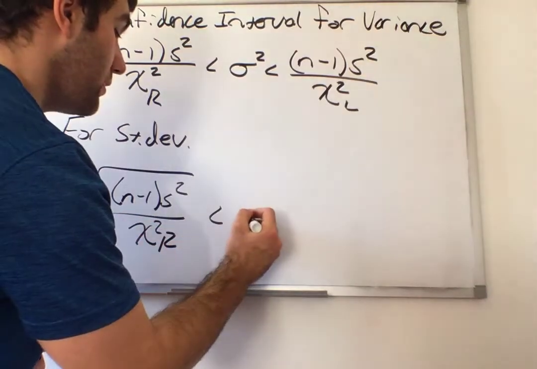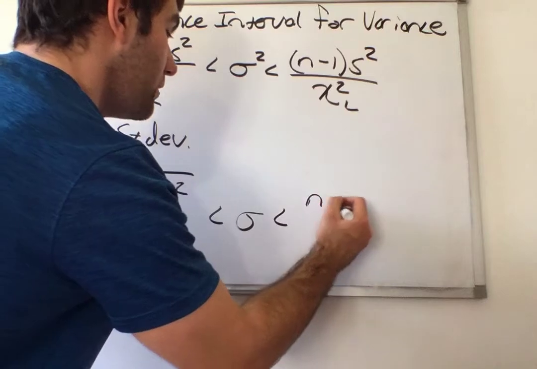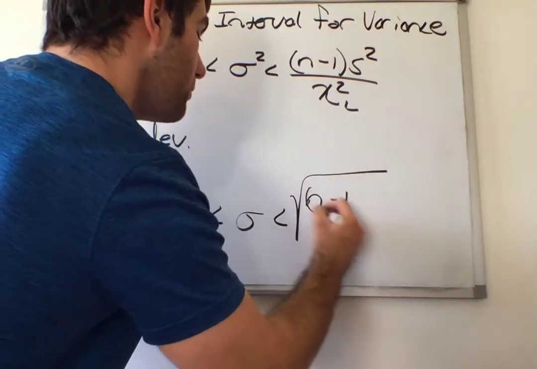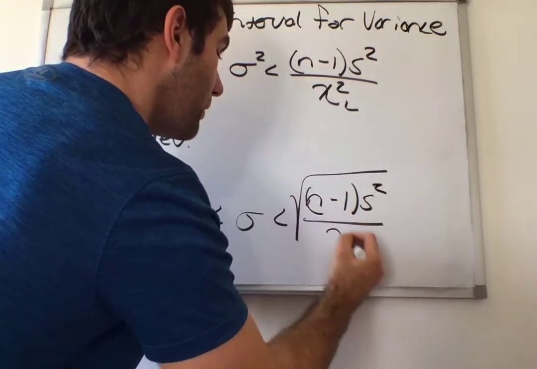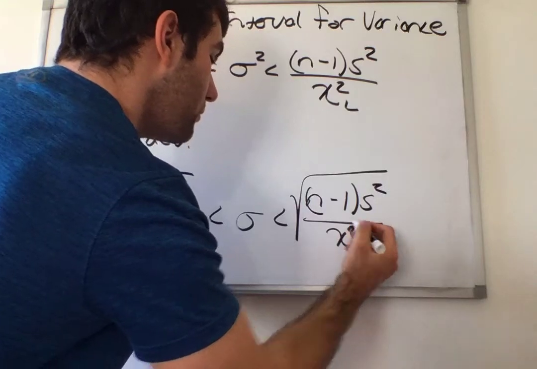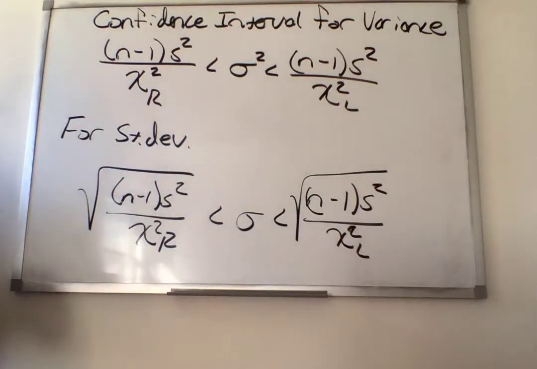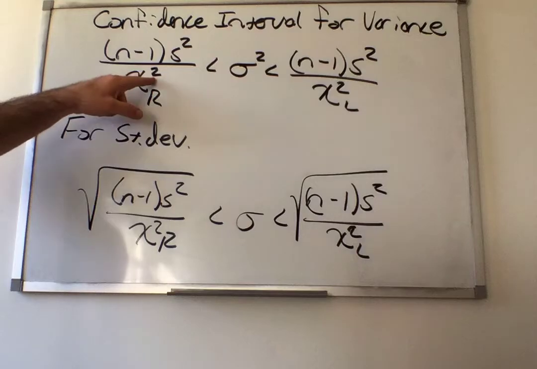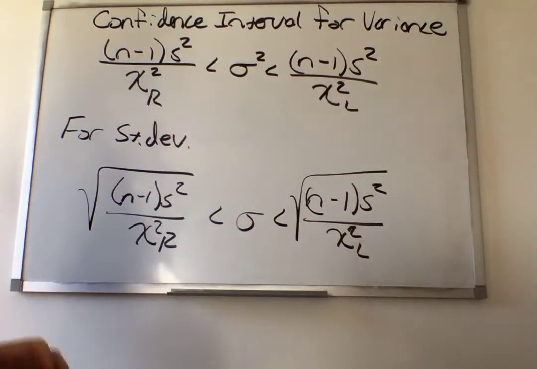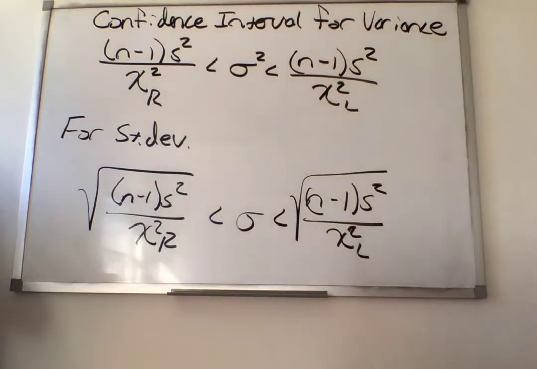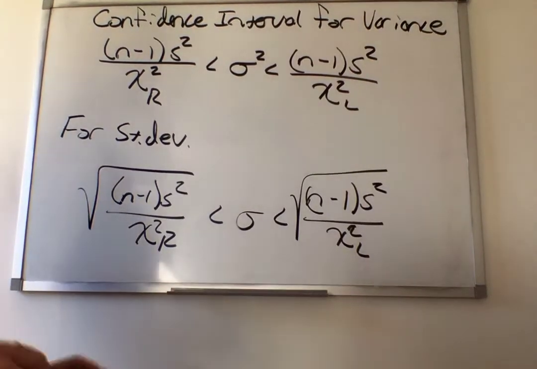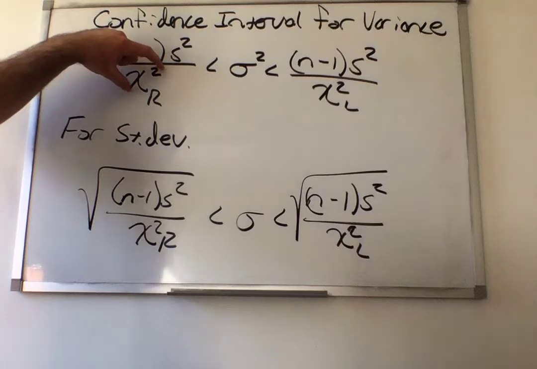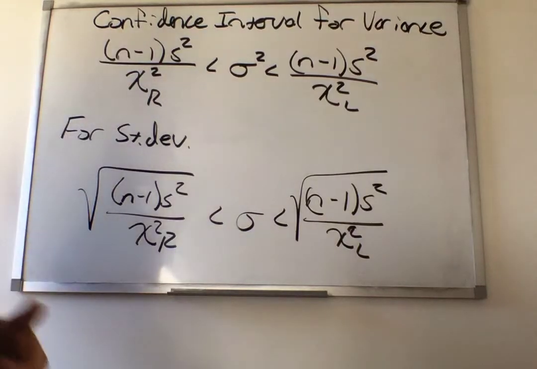Sigma is less than the square root of n minus 1 times s squared divided by chi-squared. And remember, when we find these critical values, you do not square them. Do not type the number in and hit the squared button on the calculator. That is not what we're doing here, okay? It's just notation. Chi-squared is the name of the distribution.